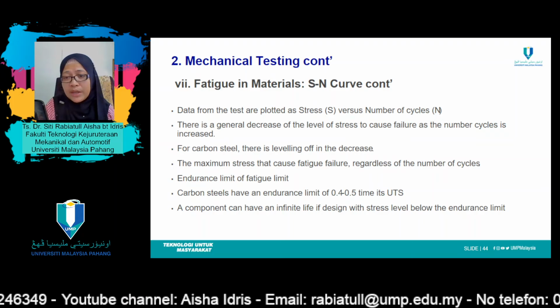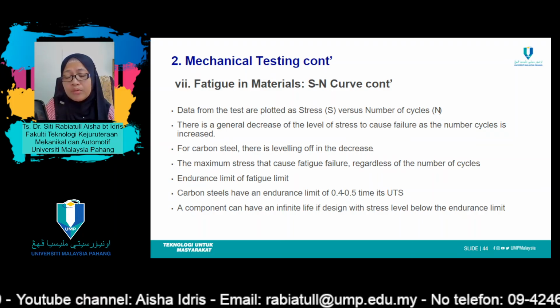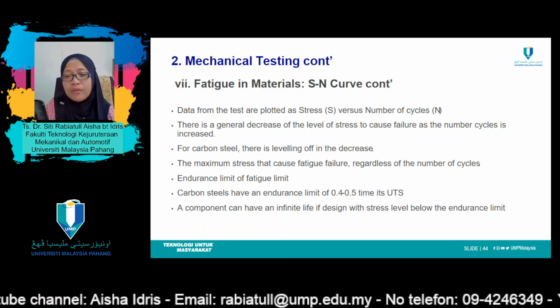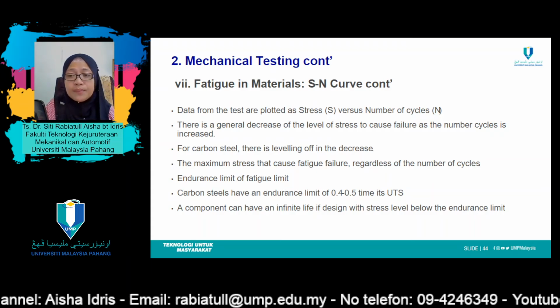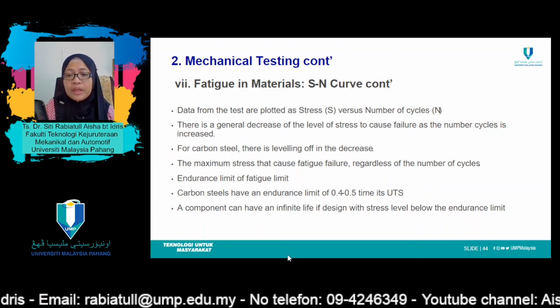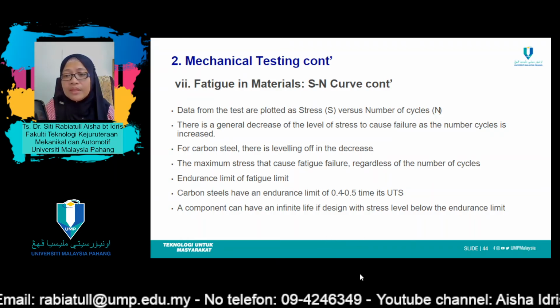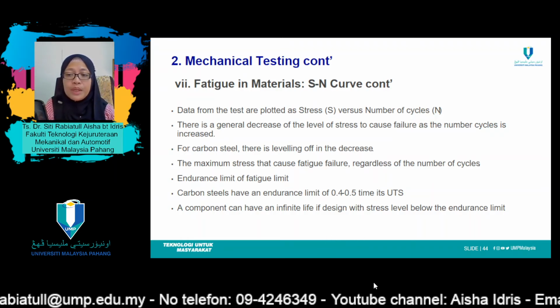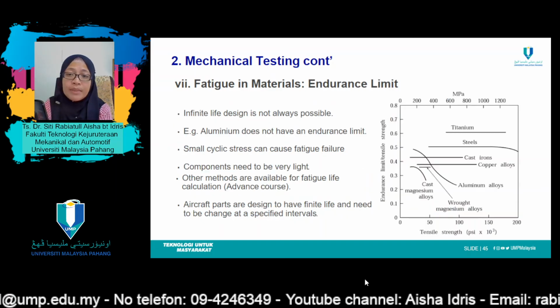Carbon steel has an endurance limit around 0.4 to 0.5 times its UTS. UTS represents ultimate tensile strength. A component can have an infinite life in design with stress level below the endurance limit.